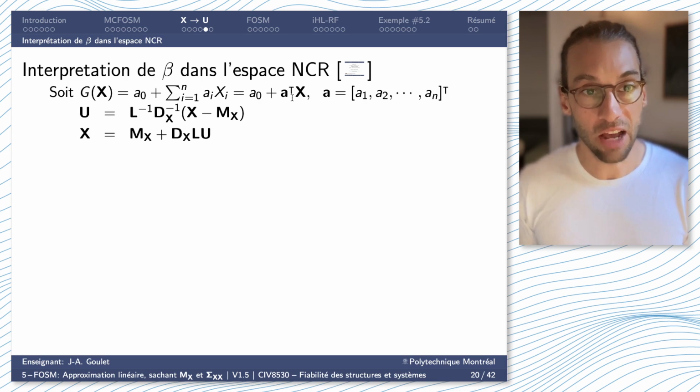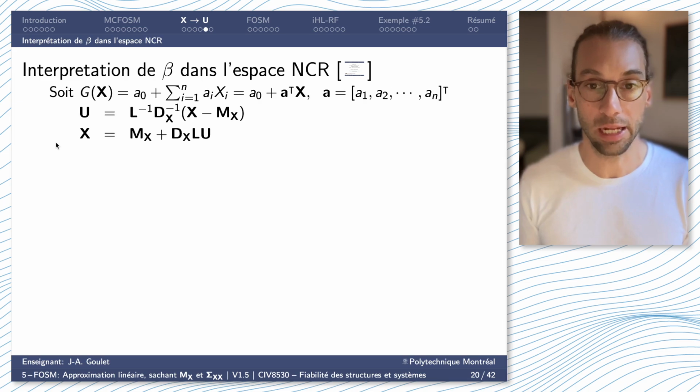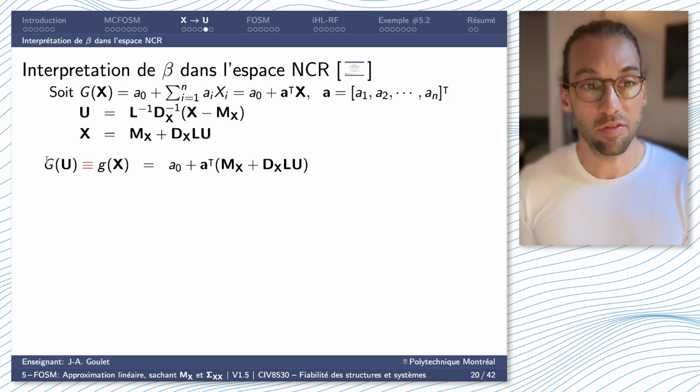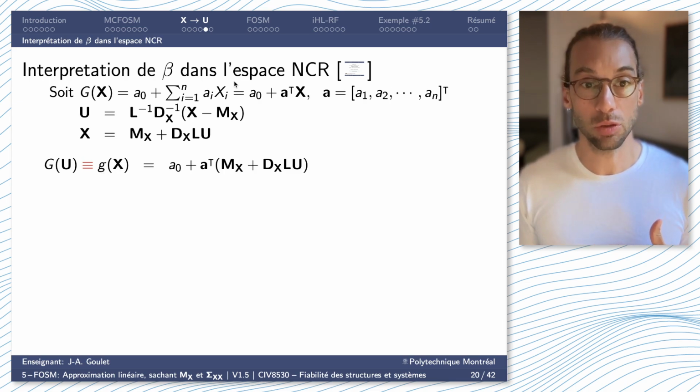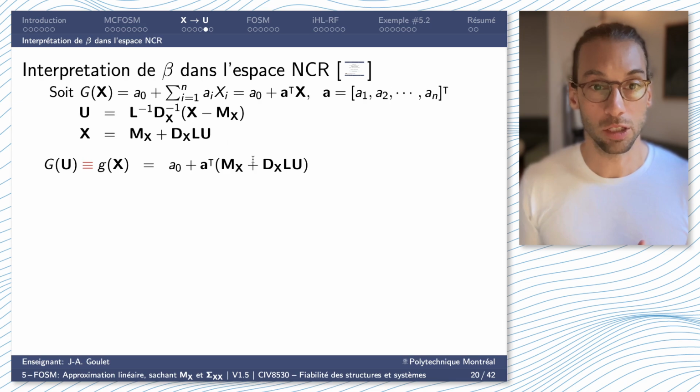In that case, I still have the same two transformations from x to u and u to x that I defined earlier. And I can define g of u, which is equal to g of x, by simply using that same relationship and replacing x by its expression in terms of u.